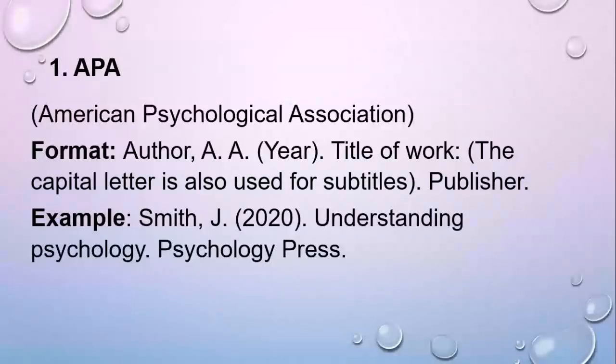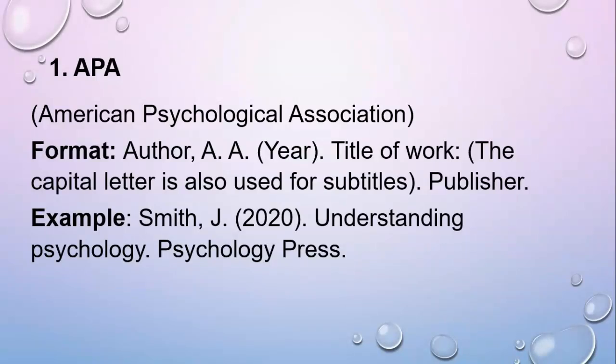If we look at the APA style of citing sources, I think you are familiar with this. If you are familiar, maybe we can look at other examples. In APA style, we write the author, then the year of publication, the title of the work, and then the publisher.